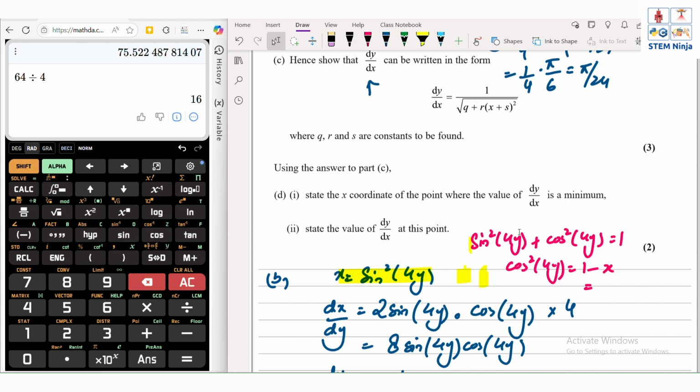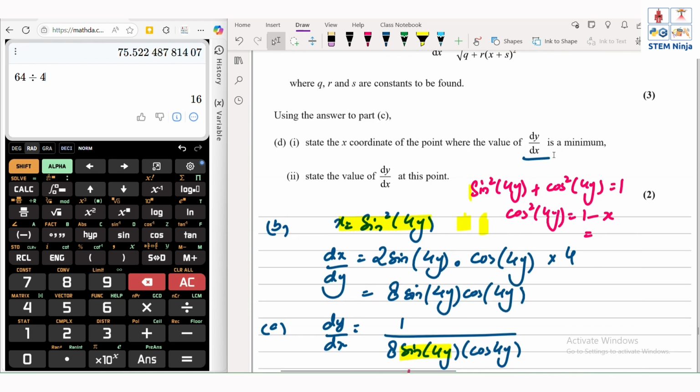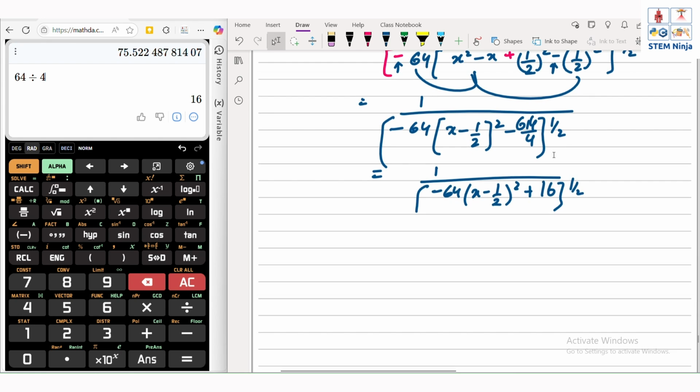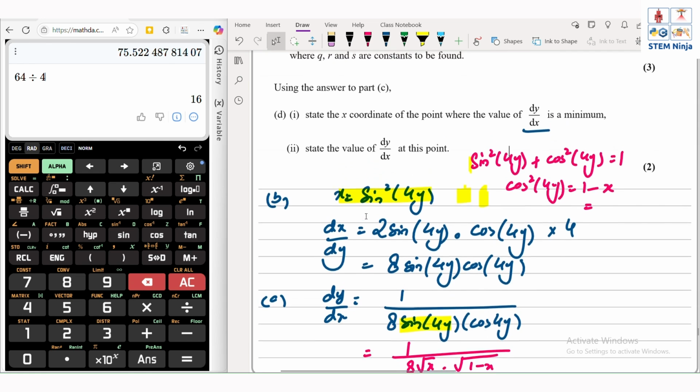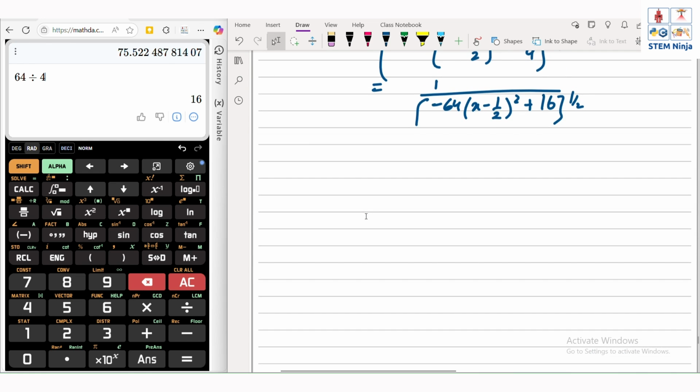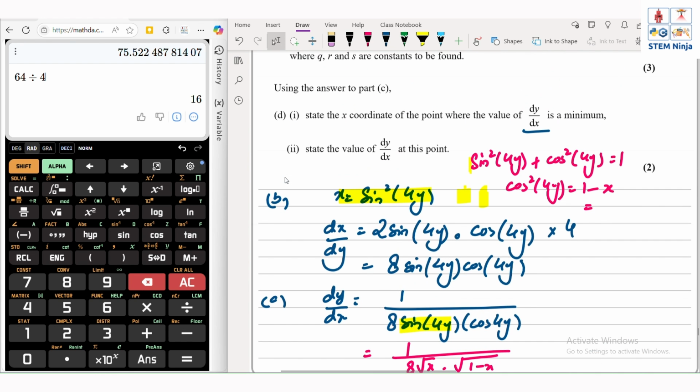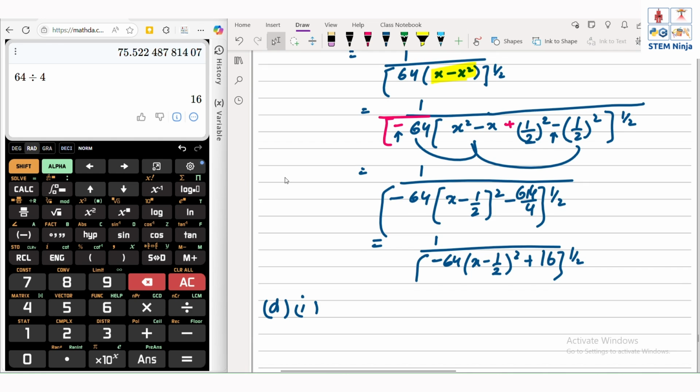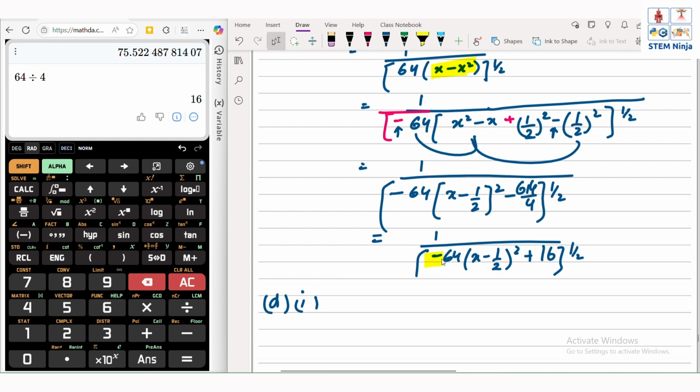Using the answer to part C, state the x coordinate of the point where dy by dx is a minimum. So dy by dx being a minimum over here. So we don't actually have to take the double derivative over here. So that's what they wanted, right? Okay. So minimum dy by dx means where this is maximum.